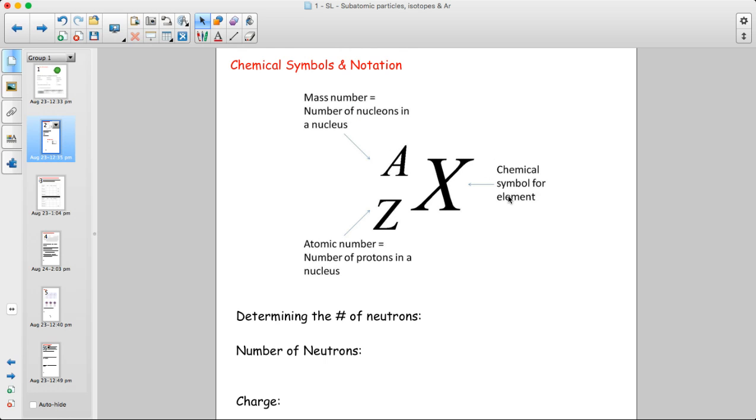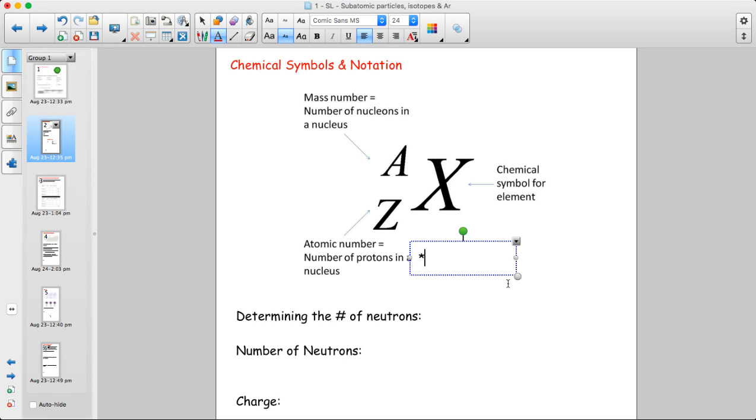When you have a chemical symbol, that's what is listed on the periodic table. The first letter is always a capital letter, and if there's more than one letter, the second letter is lowercase. The atomic number either gets listed down at the bottom left, or it doesn't get listed at all, and you're expected to look it up on the periodic table. So for this one, you can look it up on the table.